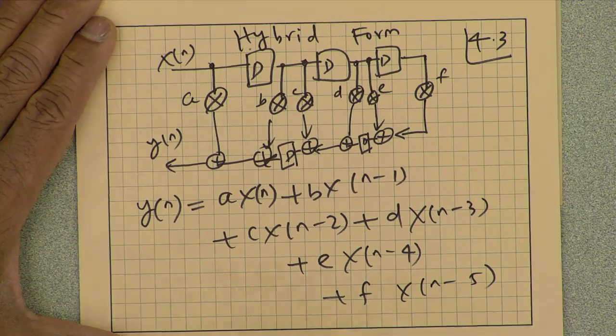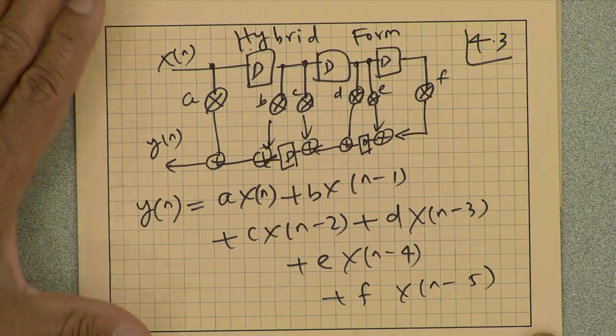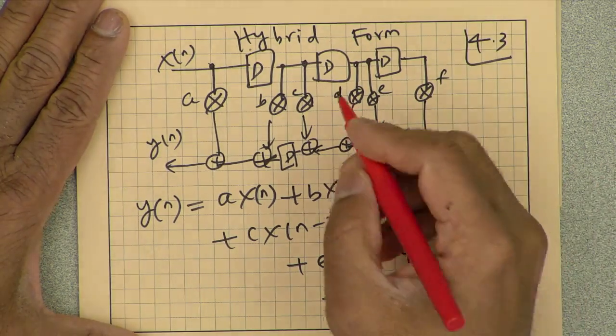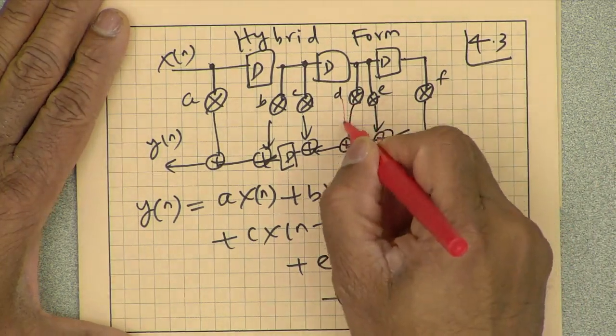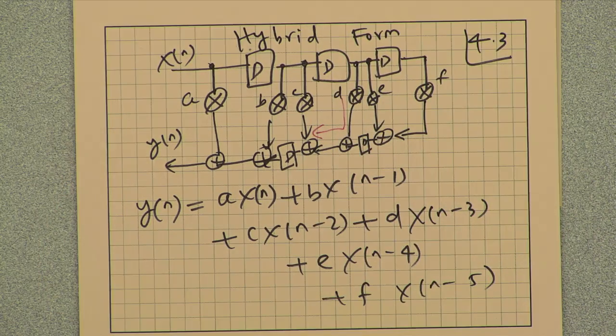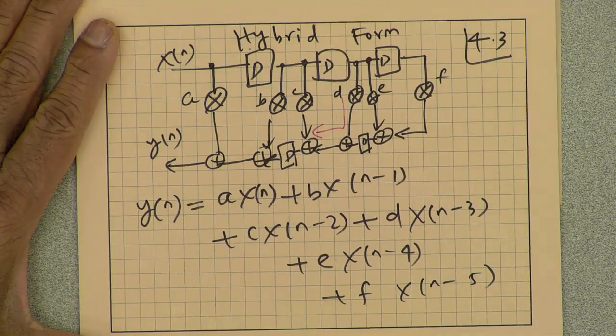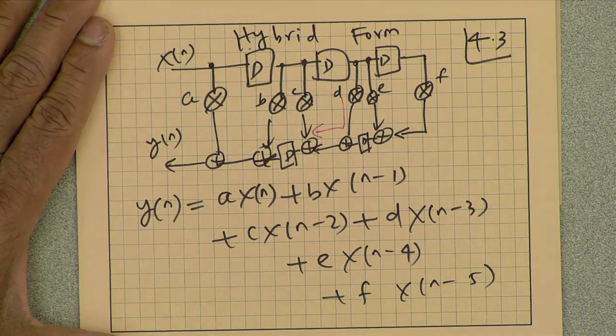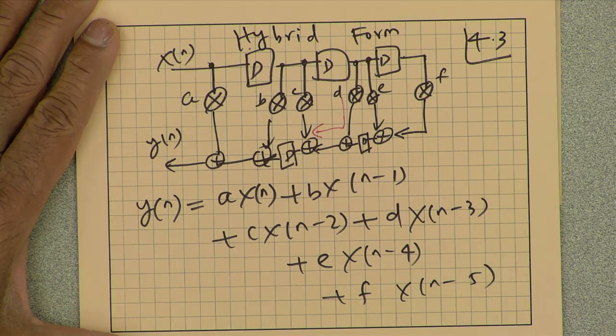The critical path in this particular hybrid form is 1 multiply 2 adds, as opposed to 1, still independent of the filter order. So, instead of 1 multiply 1 add, the critical path is 1 multiply 2 adds. So, that will be the critical path independent of the filter order.